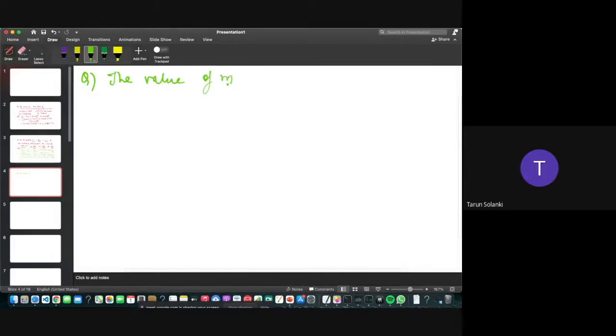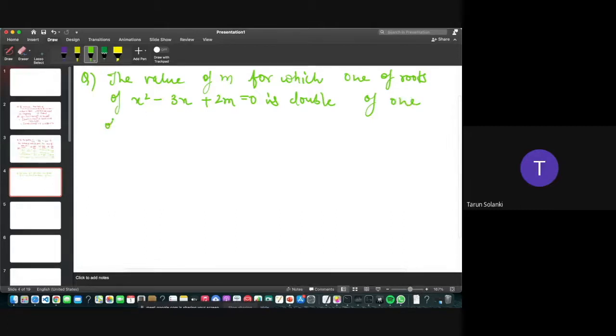The value of m for which one of the roots of x square minus 3x plus 2m is equals to 0 is double of one of the roots of x square minus x plus m is equals to 0 is, so this we have to find.